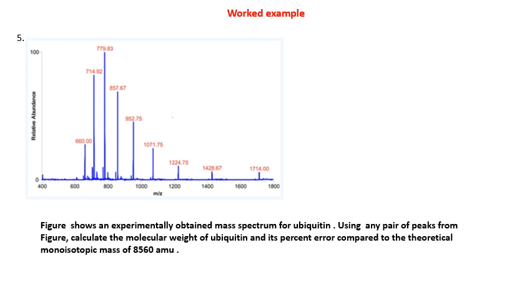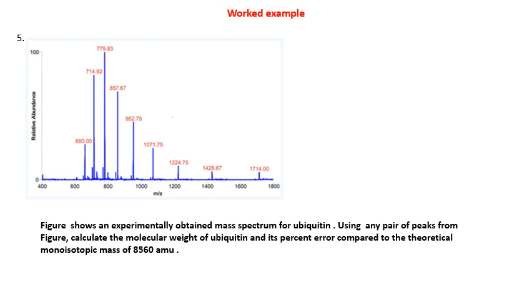Using any pair of peaks from the figure, calculate the molecular weight of ubiquitin and its percent error compared to the theoretical monoisotopic mass of 8560 mu. So the question says that from this mass spectrum you have to calculate the molecular weight of the protein and the percentage error compared to its theoretical value, 8560 mu.